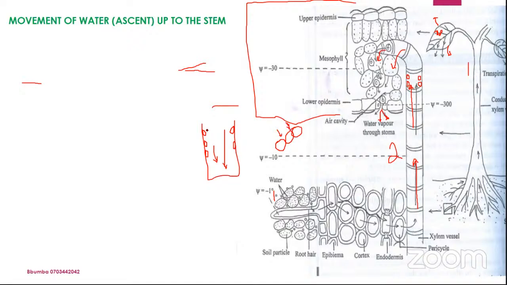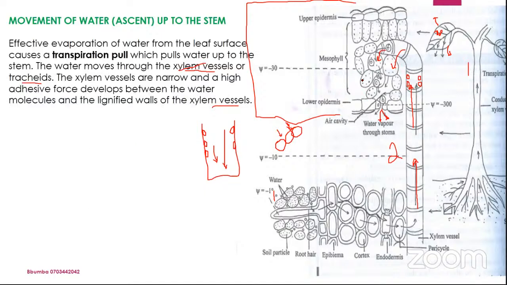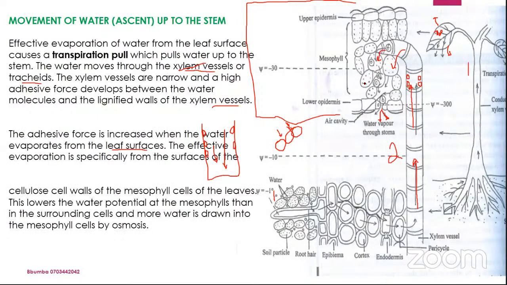Now the pull is increased when the effective evaporation is specific to the mesophyll cells of the leaves. A cell which has a low water potential means water can't just move out of it. A cell which has a lot of water in it and is less concentrated has a high water potential.